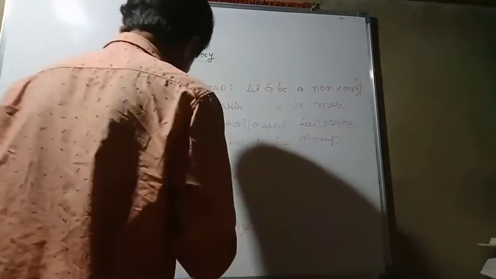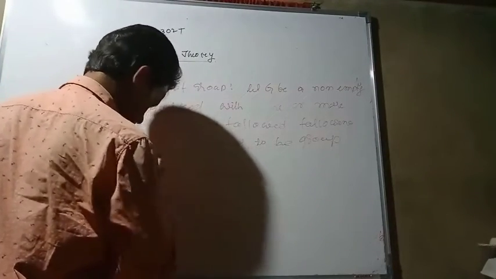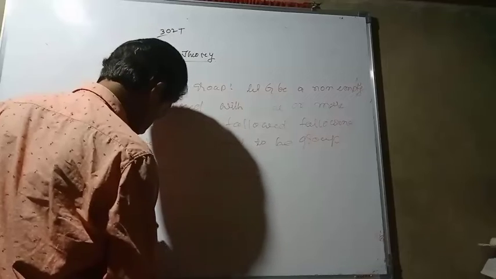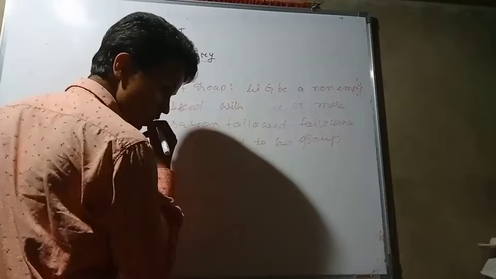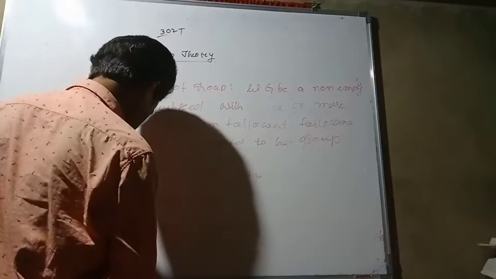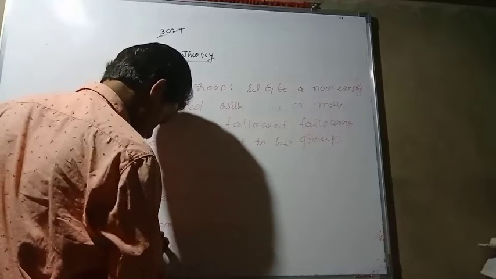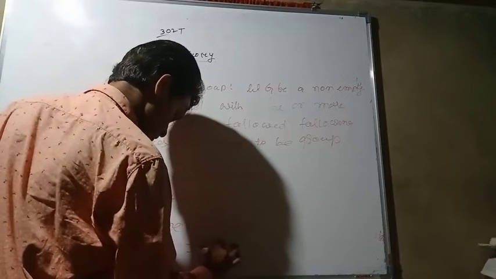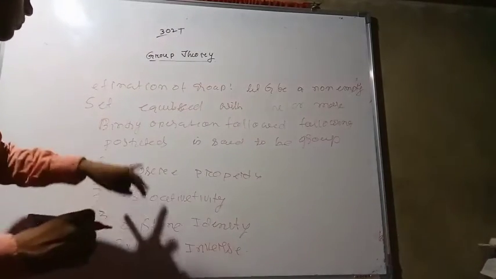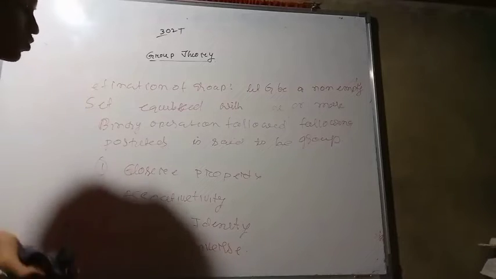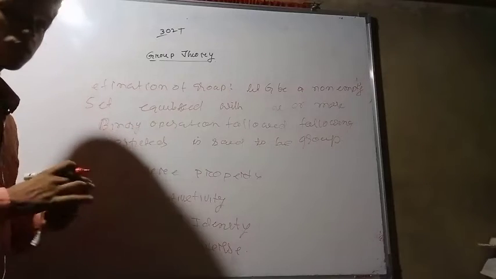Additive identity, or we can generalize it as the existence of identity. Fourth, existence of inverse. So basically these are the main properties of a group. We have written the formal definition; you have to note it down, then we move forward.